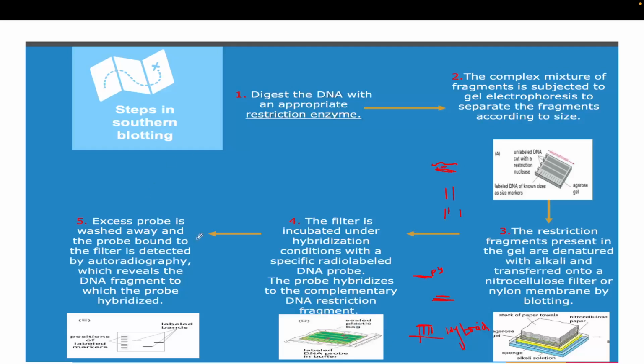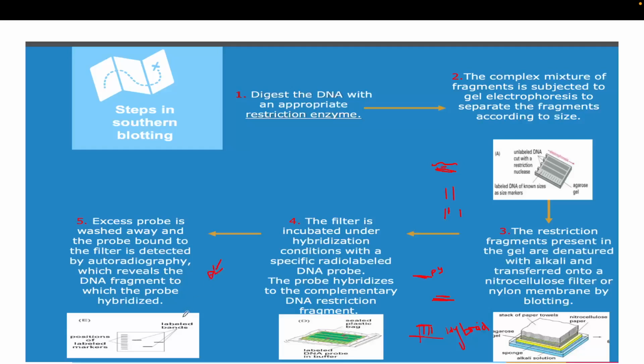Then the excess probe is washed away using a washing solution, and the probe bound to the filter is detected by autoradiography, because this probe is attached to a radiolabeled molecule, like the gamma phosphate. When the radioactive molecule is present, it will emit a certain kind of signal.